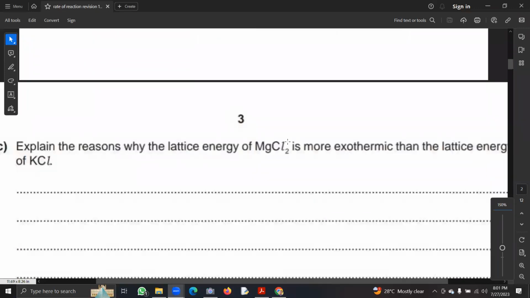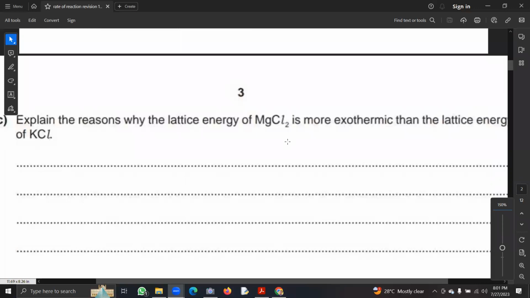So what are the reasons for that? Why is this ionic bond stronger? The magnesium cation is smaller than potassium. So the charge density, yes, correct. Magnesium 2 plus is a smaller cation than potassium plus. What's the other one? The higher charge and hence the higher charge density. Correct, higher charge density due to small size as well as charge.